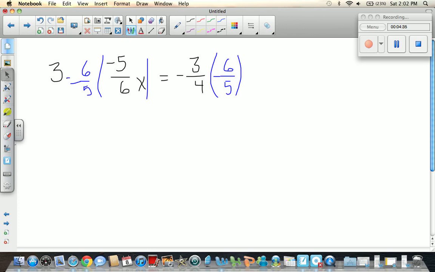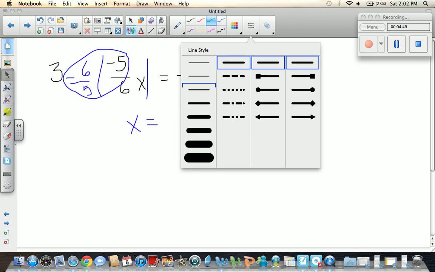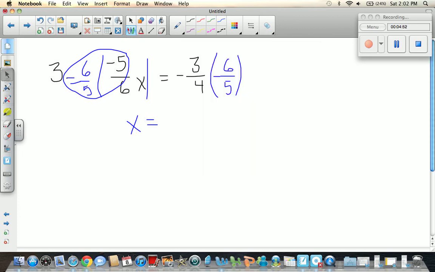So over here, on the left side, when you multiply these two, you're going to get 1, so we're left with 1x. And then on the other side, we're going to go ahead and cross cancel. Both the 6 and the 4 are divisible by 2, so 6 divided by 2 is 3, and 4 divided by 2 is 2.